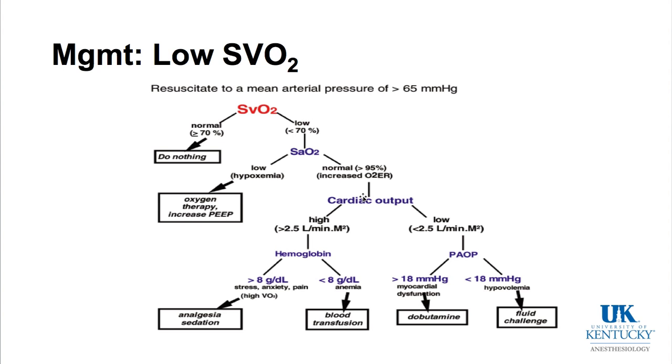So if we have a good cardiac output delivering blood that has a normal SpO2, maybe the hemoglobin isn't high enough, and we should look at that. And if it's low, we'll transfuse the patient. If it's adequate, then we can say it's not a problem with SaO2, it's not a problem with cardiac output, it's not a problem with hemoglobin. Maybe they're just using a lot with a high VO2 because of pain, anxiety, stress, and we can provide analgesia and sedation.